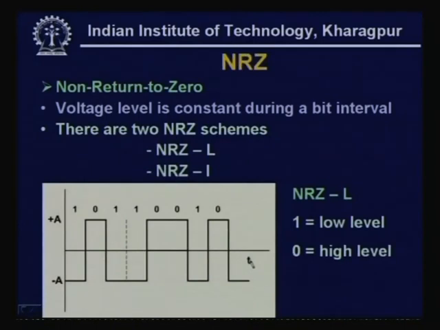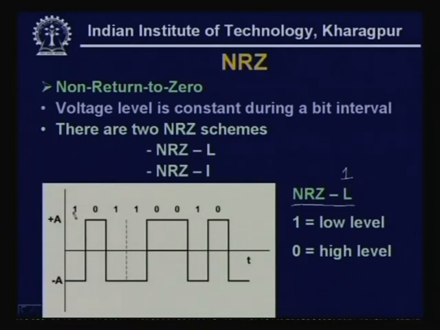Non return to 0, that is NRZ. In this particular case, as you can see from this diagram, voltage level is constant during a bit interval. That means it has two varieties, NRZ-L and NRZ-I. First, let us consider the NRZ-L. In case of NRZ-L, non return to 0, L stands for low level. That means the binary value 1 is represented by low level.